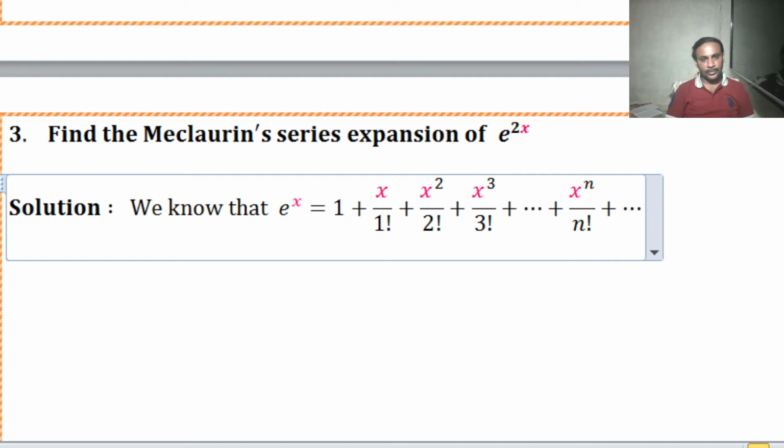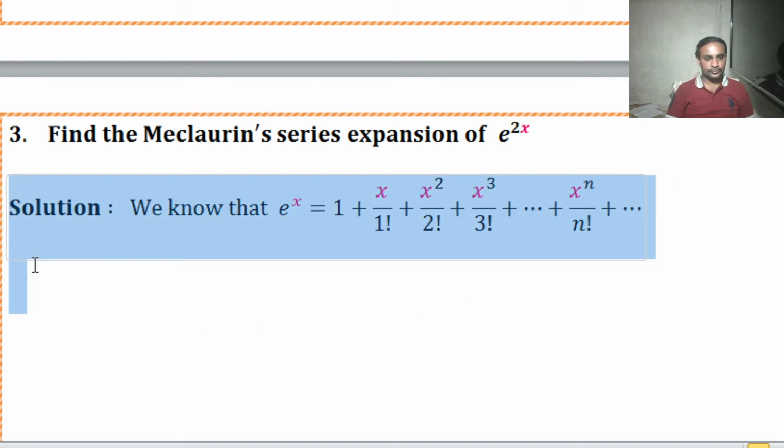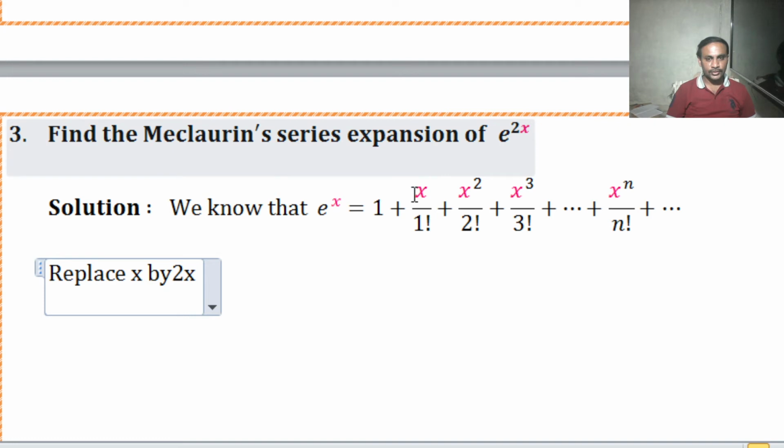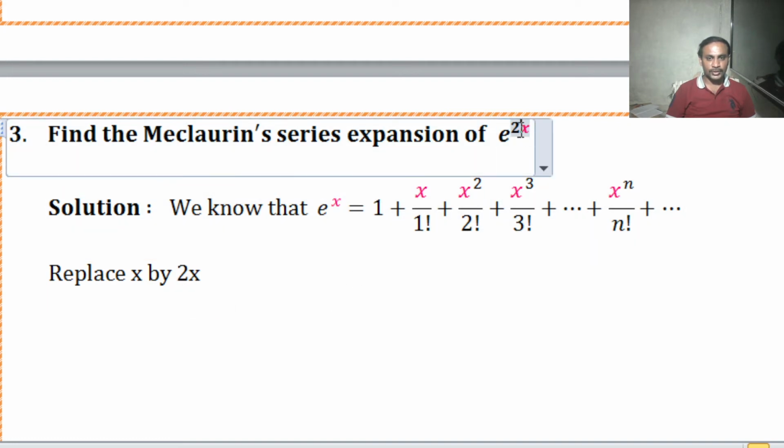Now here we are replacing x by 2 times x to find this function.